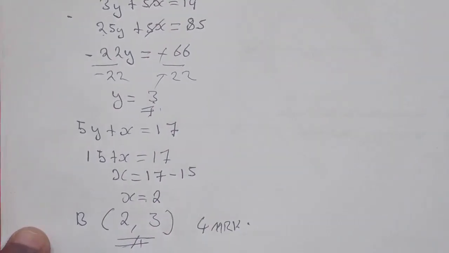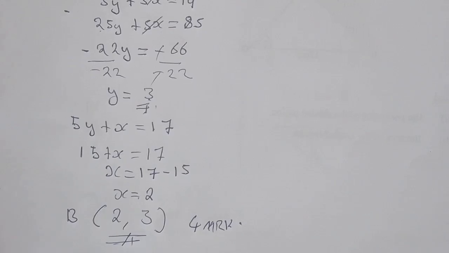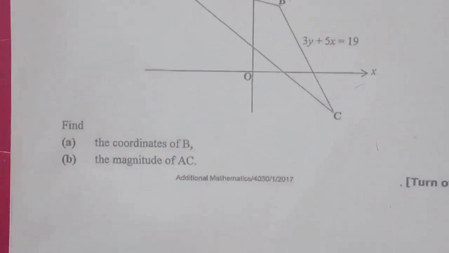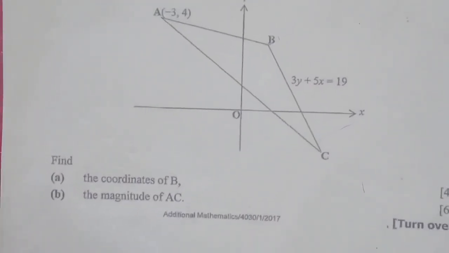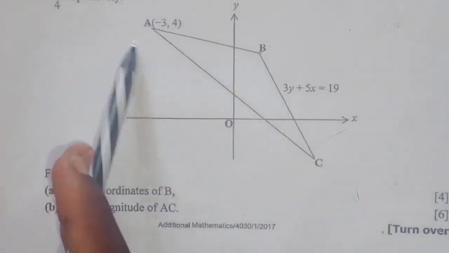This is how you can answer this kind of question, or how they were supposed to answer it. Let's now proceed to the other question, which is b. On b, we have been told to find the magnitude of AC.